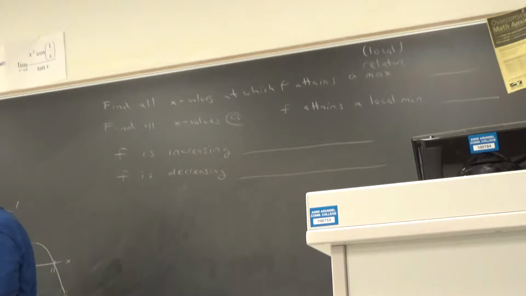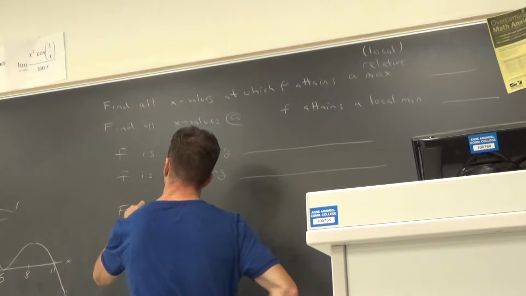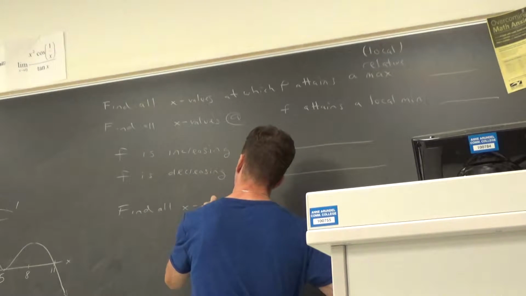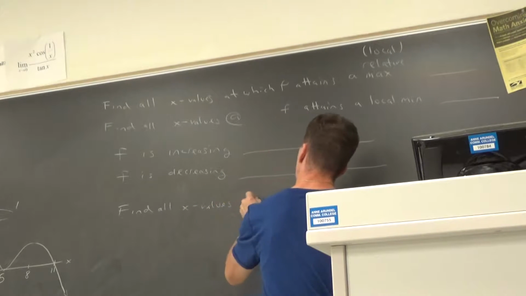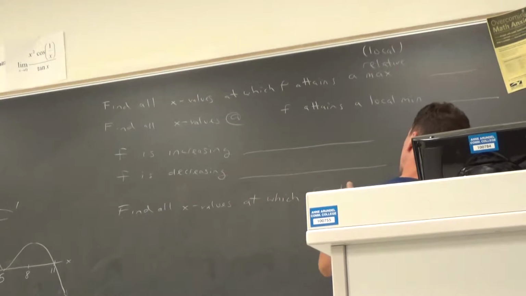Let's see, I'll write it. Find all x values at which f attains a point of inflection. Abbreviate a point of inflection. You can write POI, or some students like to write IP.